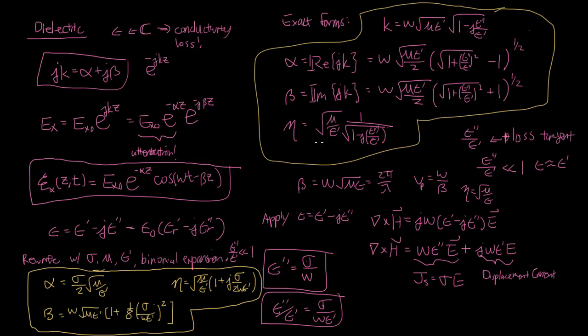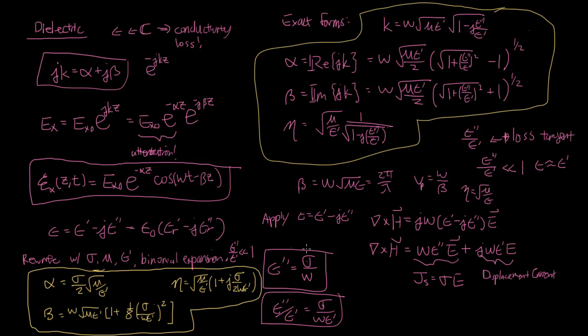We next looked at what happens if the loss tangent is really small. If epsilon is mostly real, or in other words, epsilon double prime is really small compared to epsilon prime, you'll see that it boils down to the more standard dielectric formulas that we have. But separately, by applying this complex epsilon into the curl of H, we find the ability to relate the imaginary part of epsilon to conductivity.